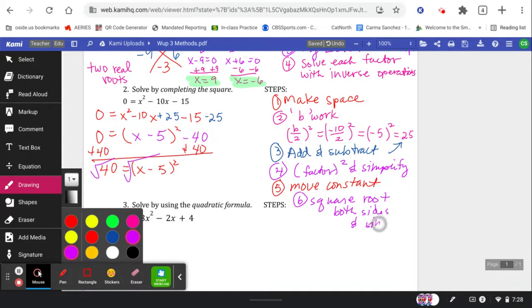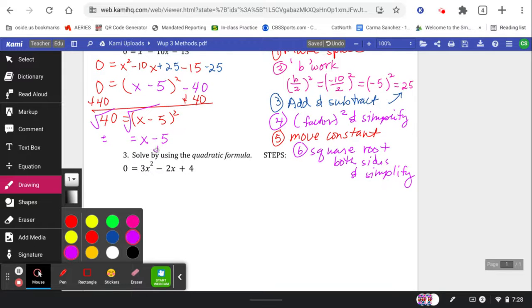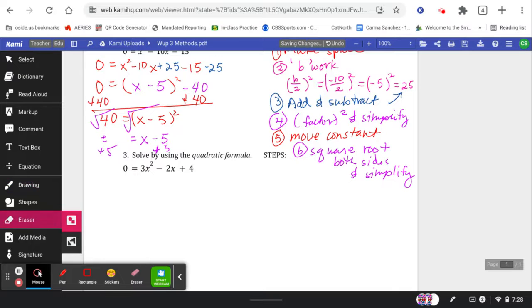And then simplify down at the end. So we're going to get 40 plus or minus root 40. We're going to simplify that in a second, is equal to x minus 5. Last step adds 5 to both sides. And so we get x equals 5 plus or minus.